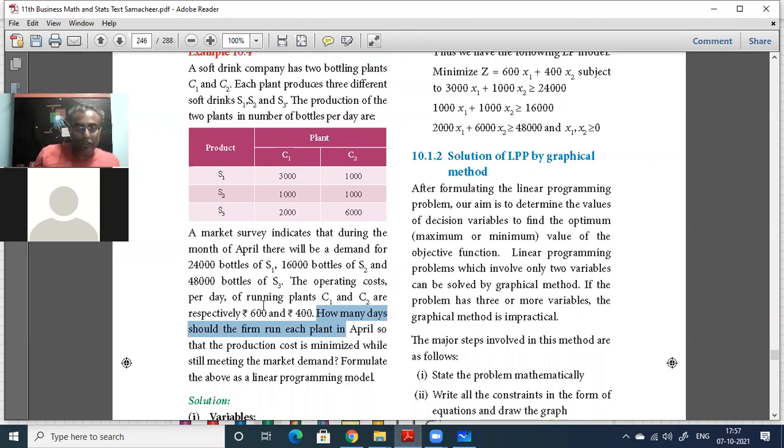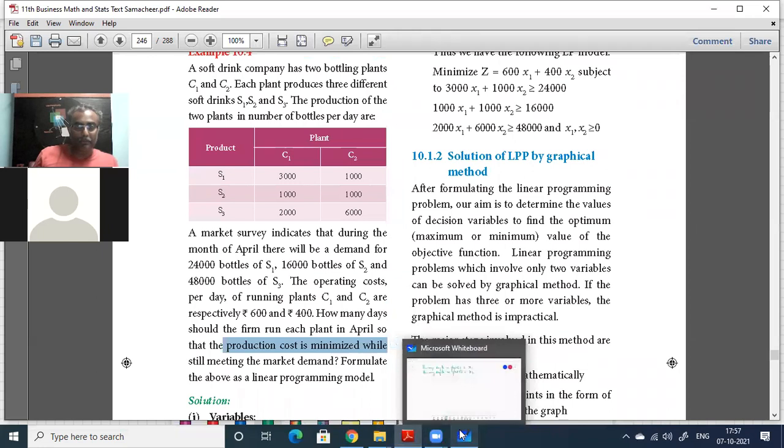The operating costs per day of running plants C1 and C2 are respectively 600 rupees and 400 rupees. Production cost is to be minimized. So the Z function is a minimizing function, not a maximizing function. And what are the values A1 and A2? A1 is 600 and A2 is 400.